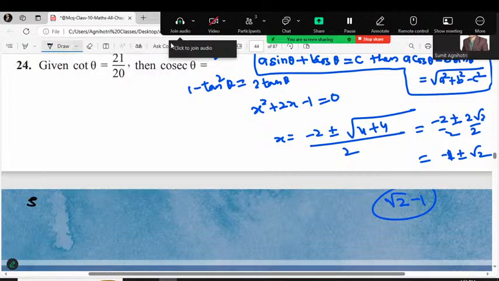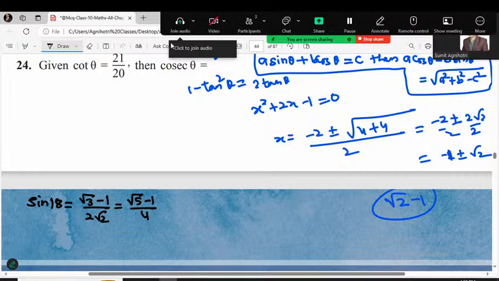Like you can remember sine 18 degree, root 3 minus 1 over 2 root 2, which is equivalent to root 5 minus 1 by 4.